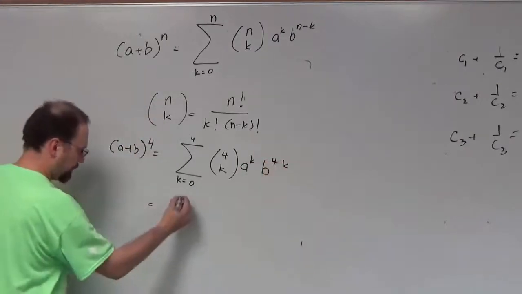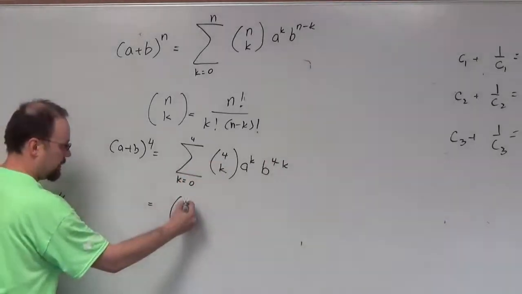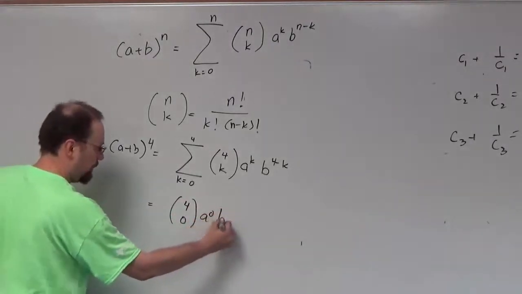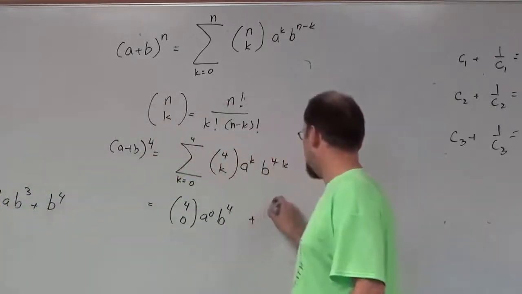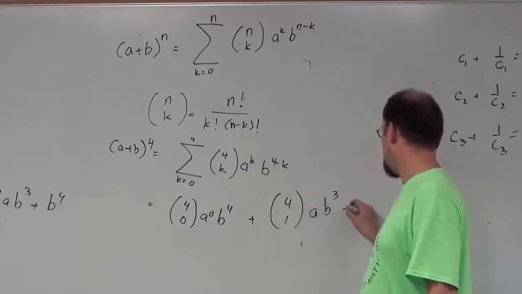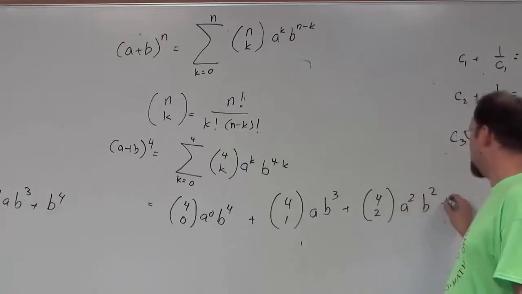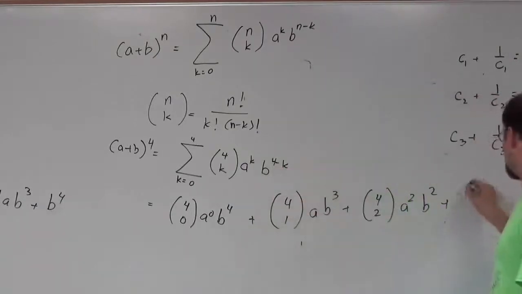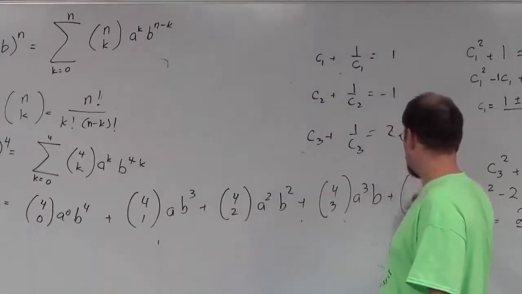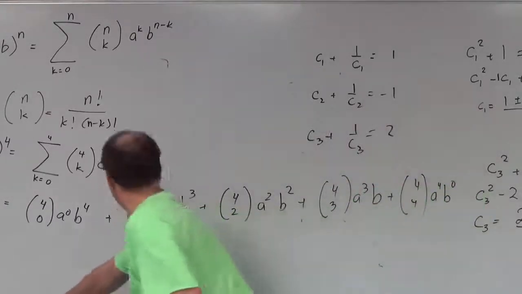If I write this out, you start the index at k equals 0, so the first term reads like 4 choose 0, a to the 0, b to the 4. And then the next term is when k is 1, and then when k is 2, and so on. k is 3, so 4 choose 3. And finally when k is 4.